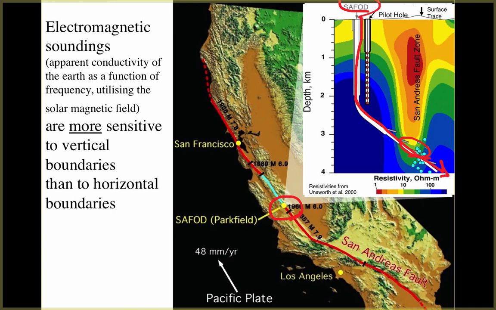Vertical fault zones often trap fluids, and in this case the San Andreas Fault Zone turned out to have very low resistivity characteristic of saltwater or seawater present in the fault zone, whereas the surrounding rocks, the Salinian granites, have much higher resistivities, higher by 2 orders of magnitude. The best image of the fault zone comes in this case from electromagnetic or magnetotelluric profiling.